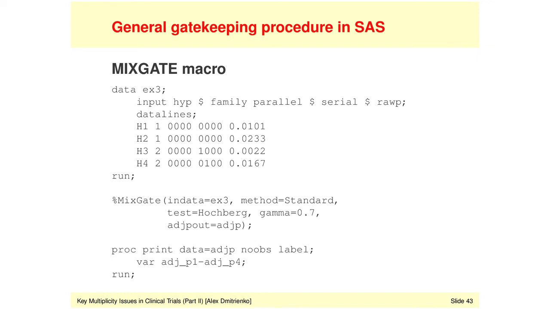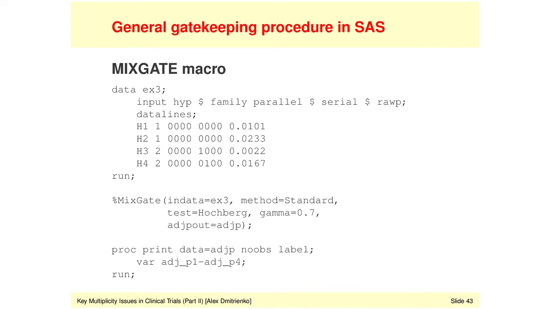This is the data set that specifies all of the key components of this multiplicity problem. After that, this data set is going to be passed to the mixed gate macro. The macro will be called. It will perform a multiplicity adjustment and it's going to generate multiplicity adjusted p-values. But before we get to that, let's take a closer look at the data set.